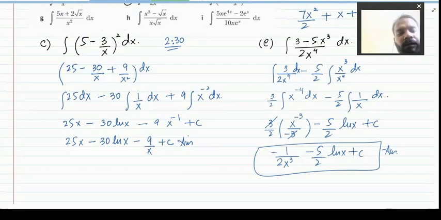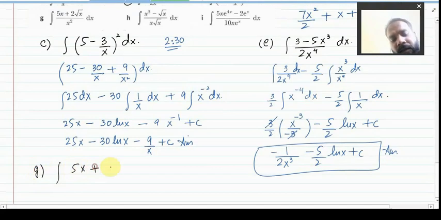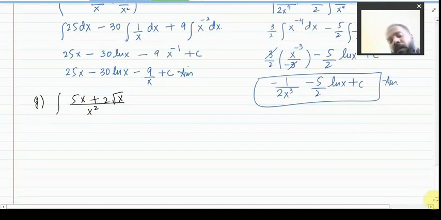This one, part G. It says integral of 5x plus 2 under root x divided by x square. You need to integrate it, but before that you need to apply a separation of LCM first.